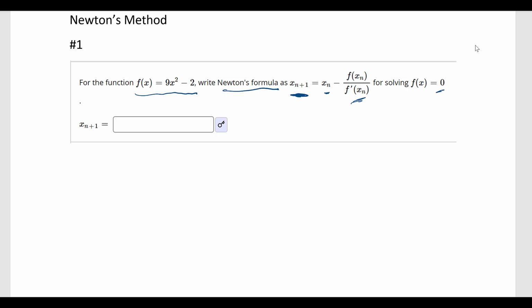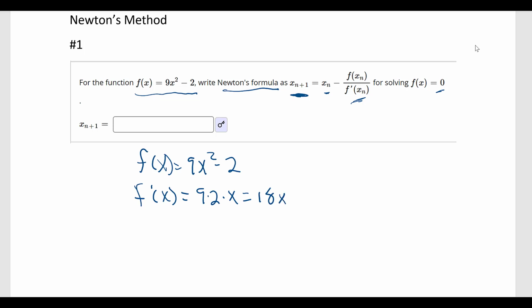But we don't have to actually do all that. We're just going to come up with a formula. So we know that our f of x is 9x squared minus 2. That means our derivative is going to be 9 times 2 times x, which is 18x.